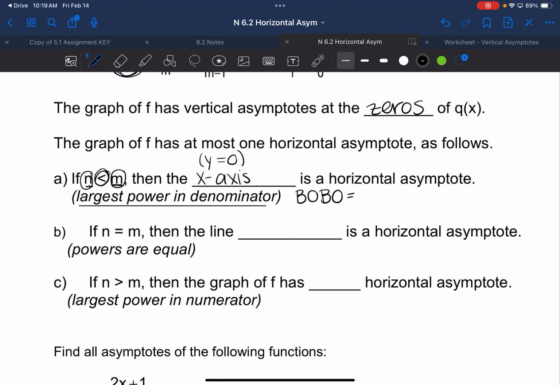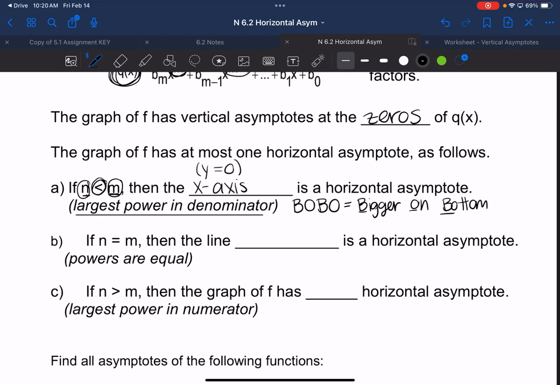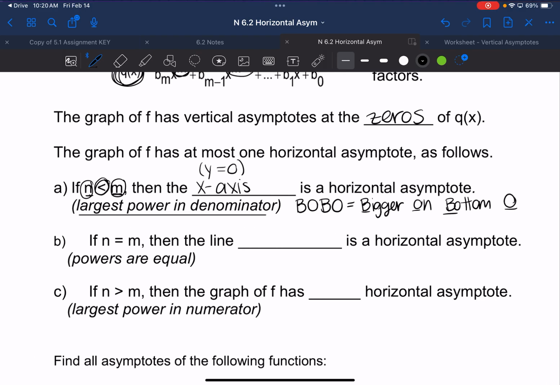Okay, so this acronym stands for bigger on bottom. Then we get O, or 0. All right? So, bigger on bottom, we get 0 as the horizontal asymptote.